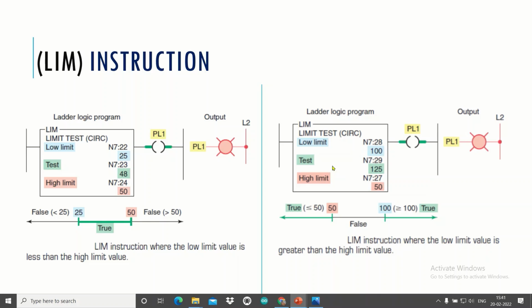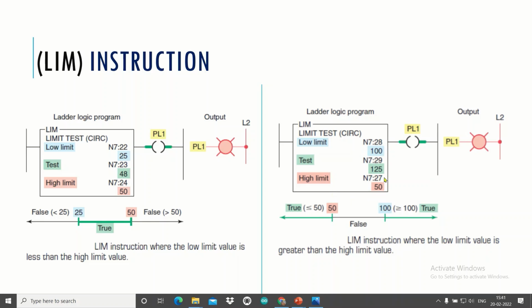So you can find that if the parameter value is lesser than 50 or if the parameter value is greater than 100, then only it is true.